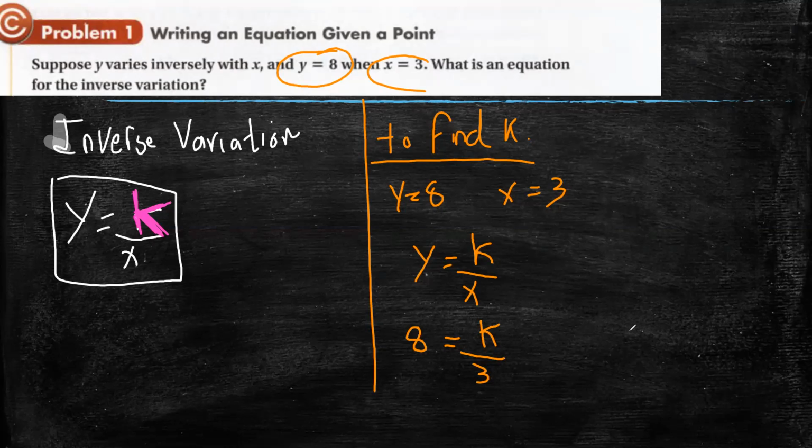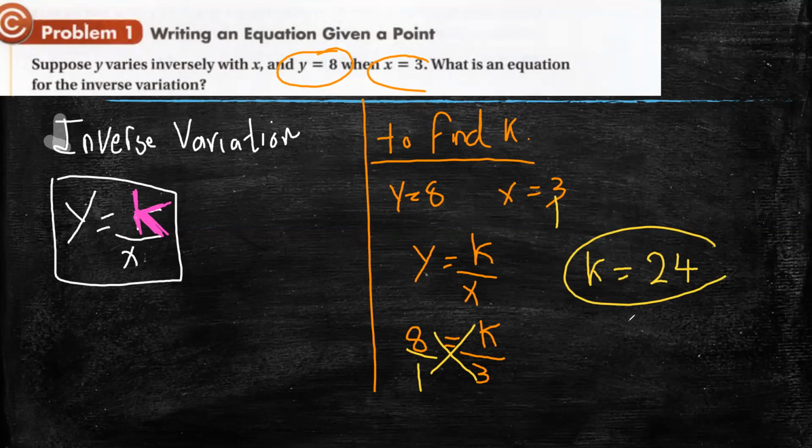Cross product property. Yes, let's make a cross product. So k times 1 is k, equals 8 times 3, which is 24. You multiply 8 times 3, you get k.